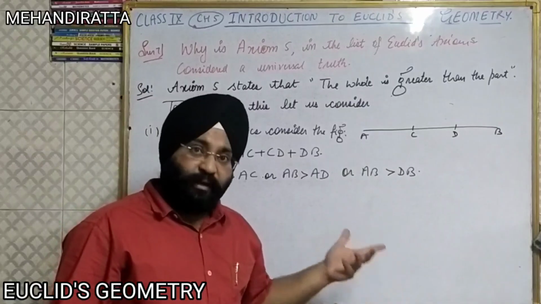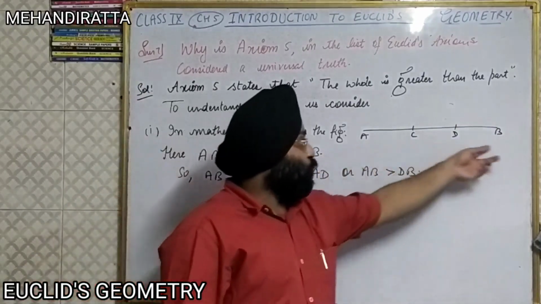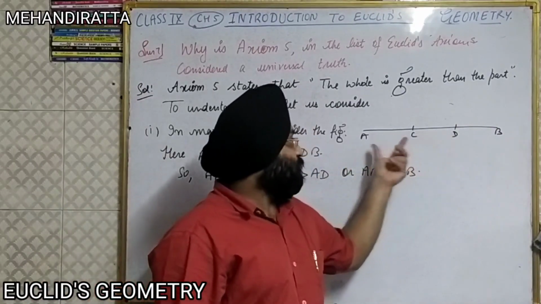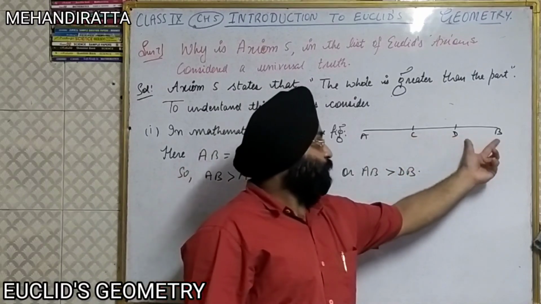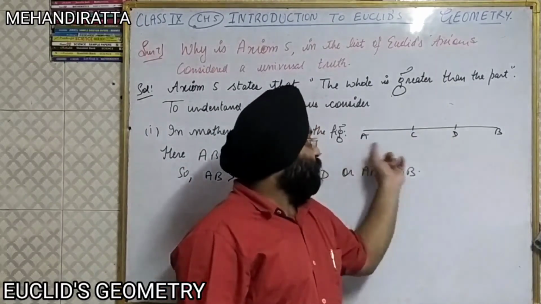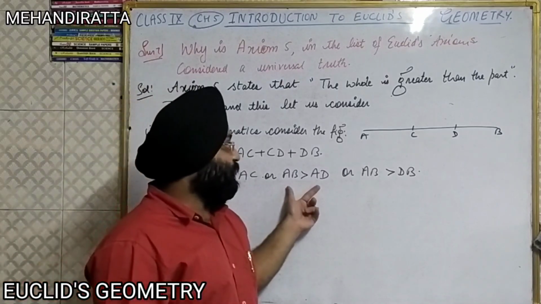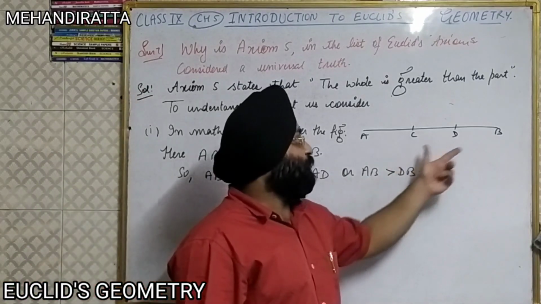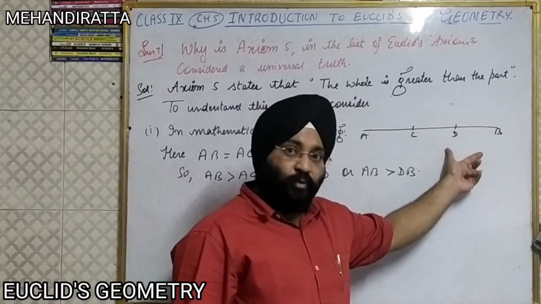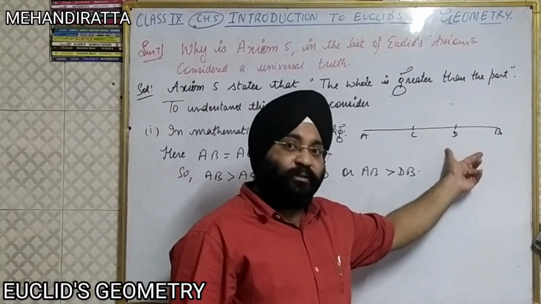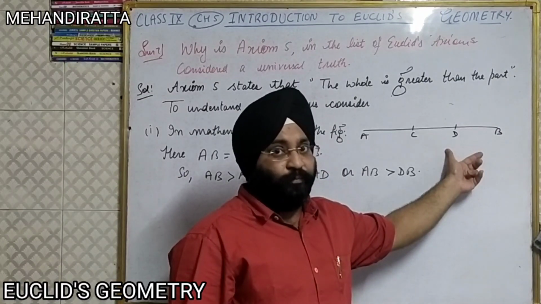This is the whole, and these are the parts. So AB is greater than AC, or AB is greater than AD, or AB is greater than DB. Hence we can say that the whole is greater than the part.